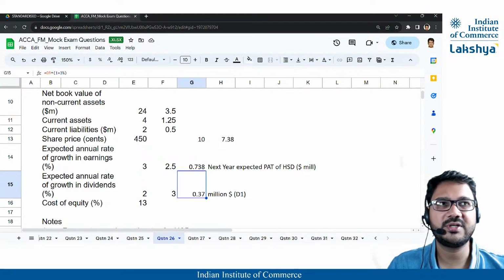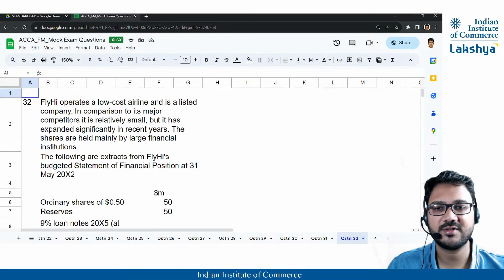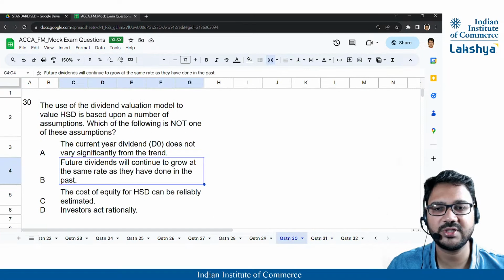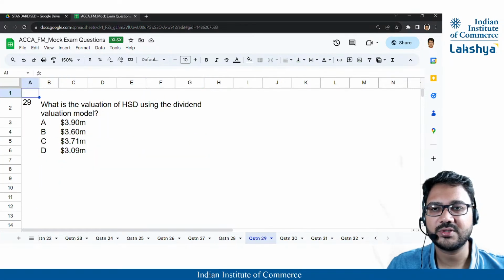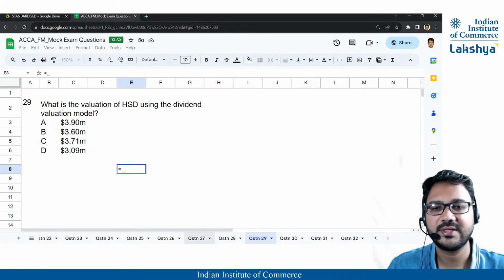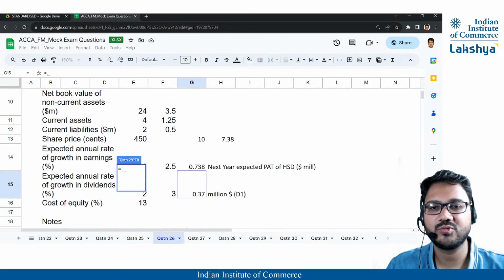So our dividend is $0.37 million. Since we are using this spreadsheet over here, we can directly refer to that cell.